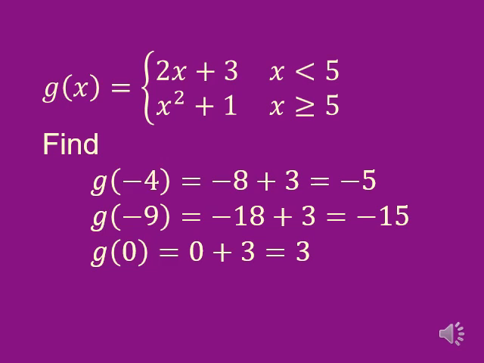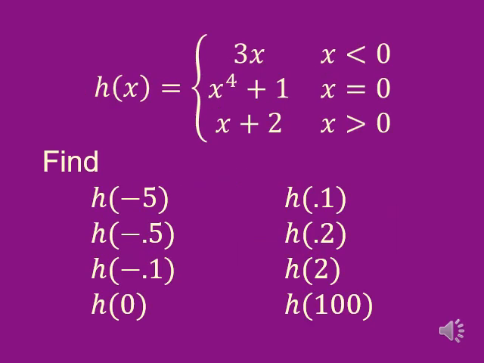There are sometimes questions people find tricky because they'll look at something like negative 9 and they think 9 is bigger than 5, but anything negative is going to be less than 5. So all 3 of these I plug into the top formula. I double whatever x is, and then I add 3. You do need to be careful that, like, when you take negative 18 plus 3, you do get negative 15, not negative 21. So yeah, our answers are negative 5, negative 15, and 3.